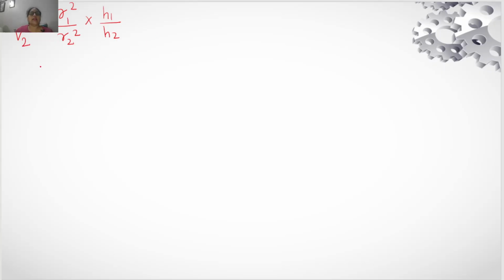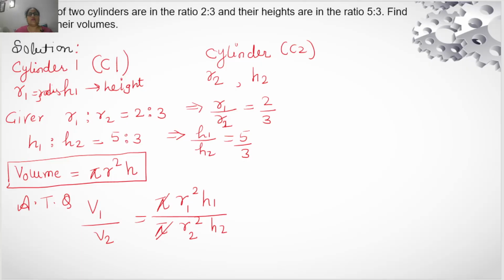So, combinedly it can be written as R1 upon R2 whole square into H1 upon H2. Now, if you just see in the previous slide, what the value of R1 upon R2 we have got, that is 2 by 3. So, R1 upon R2 will be replaced by 2 by 3, while H1 upon H2 will be replaced by 5 by 3.